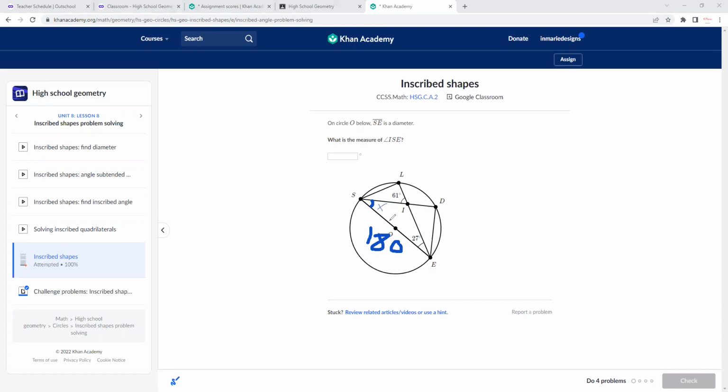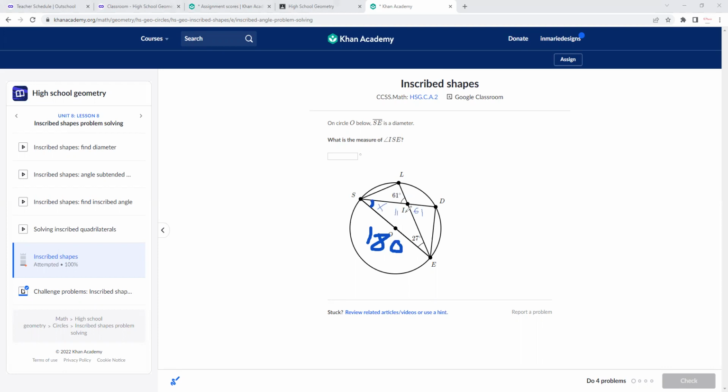Okay, so that's a triangle there. If this is 61, this is 61. Together right here, they make a full circle, which is 360. Those are vertical angles. So then 360 minus 61 minus 61 is 238. 238 divided by 2 is 119.